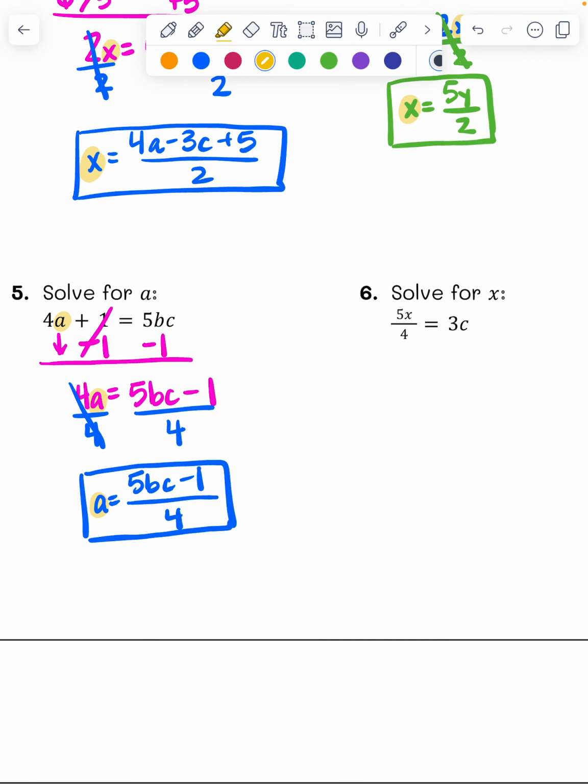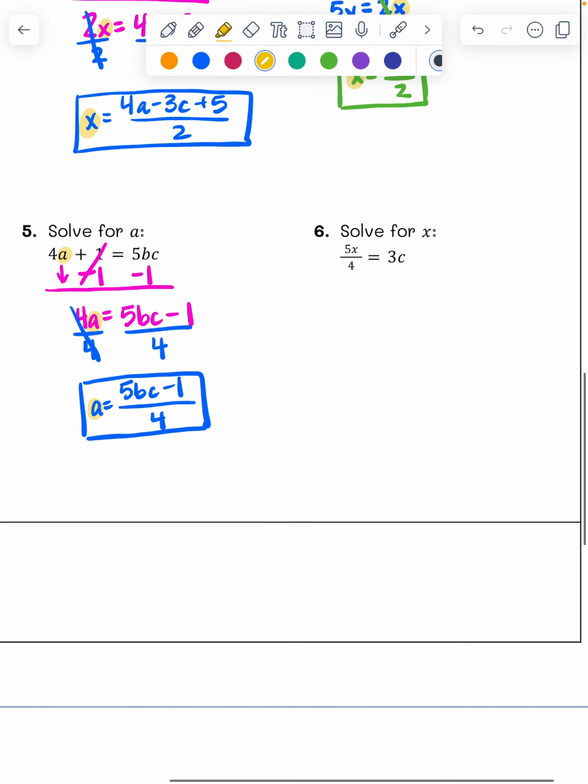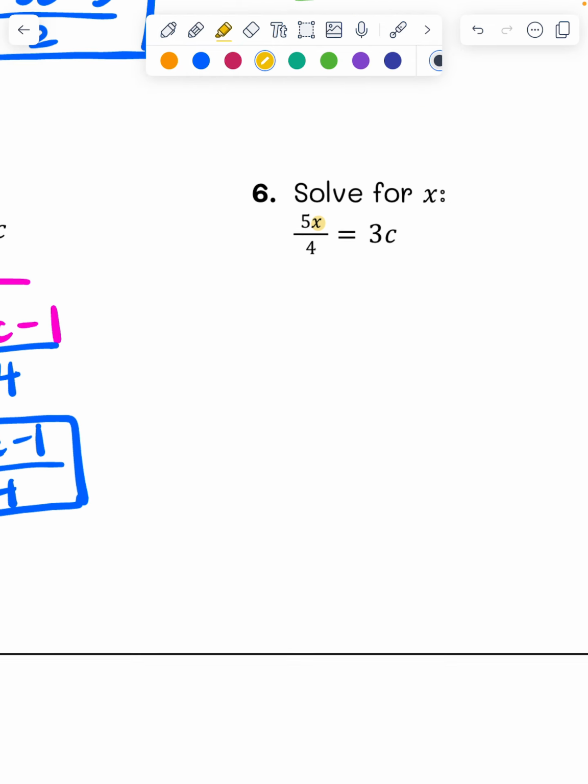Okay, last example. Solve for x. Highlight x. I have a number in the denominator again, so 5x is being divided by 4. The inverse of divide is multiply. So I'm going to multiply both sides by 4.